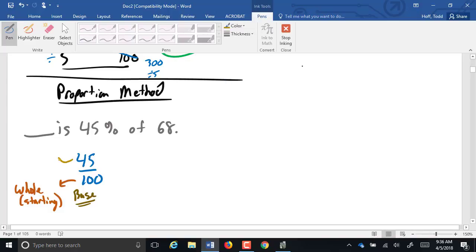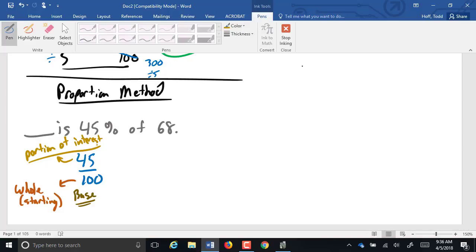The 45 or whatever other percent we have up there then is a portion of interest. That is a part of that base that we're focusing in on. So out of that whole thing, this is the piece that we want to look at more closely.